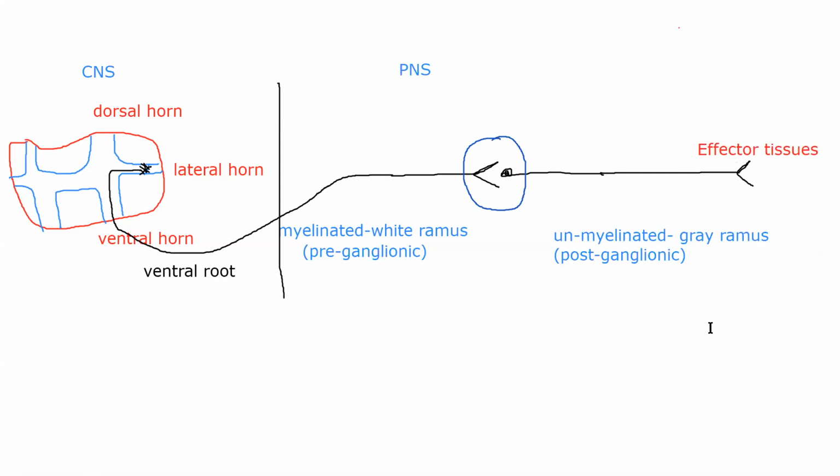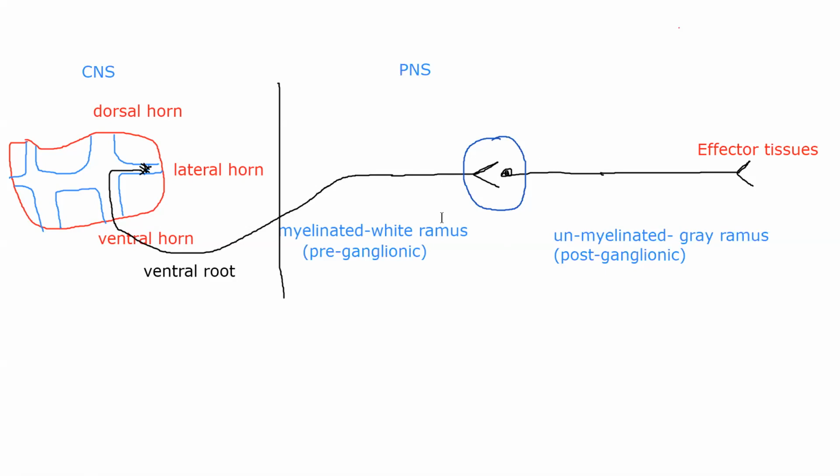Okay, so the important point that I want to stress here is that the first part of this neuron is myelinated. As it leaves the lateral horn, it uses the ventral root of the spinal cord to exit, and it is myelinated here. We're going to call it a white ramus fiber.